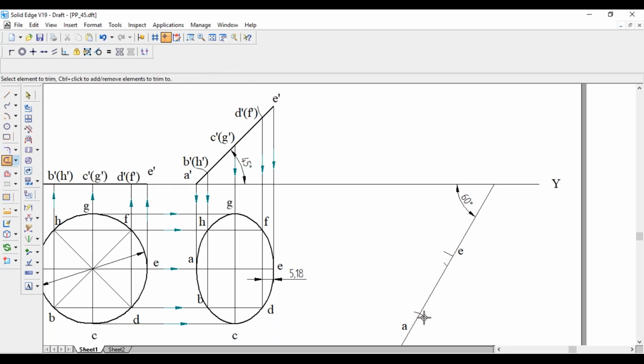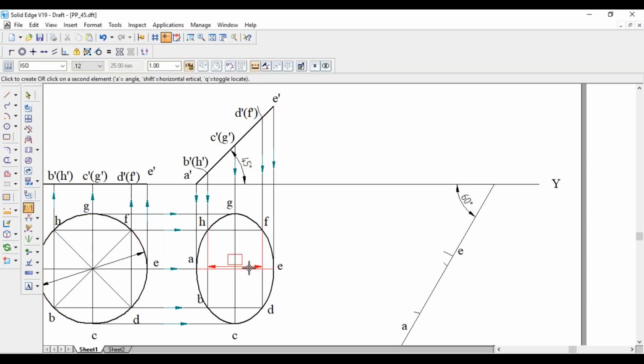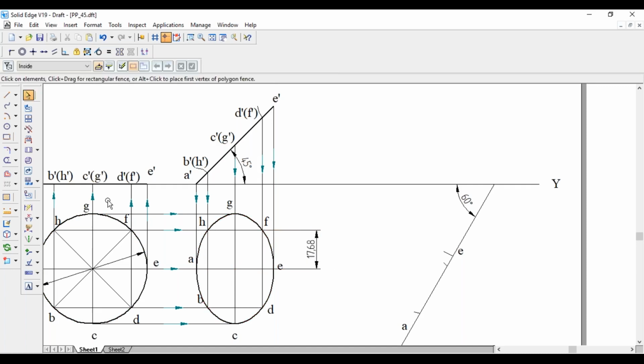Now from these points, draw the line perpendicular to AE for a length of this much, 17.68 mm. Both sides it is the same, 17.68 mm only. So from these end points, a line perpendicular to AE, that is 17.68 mm.